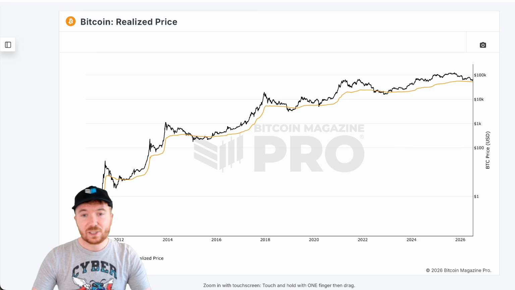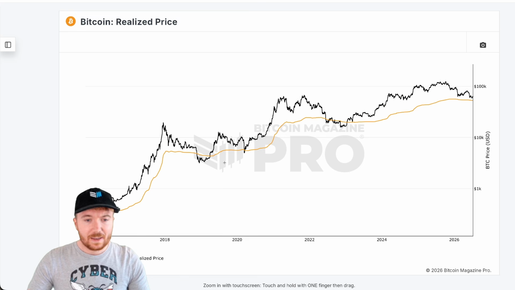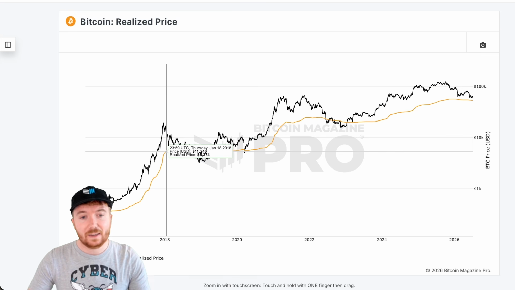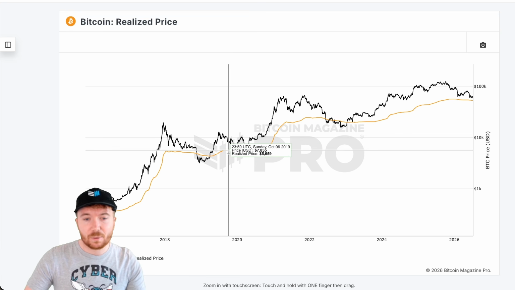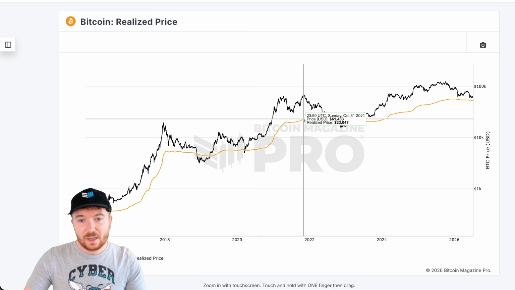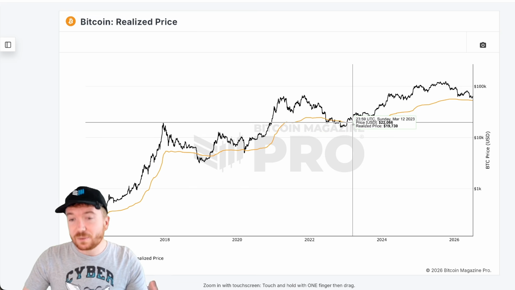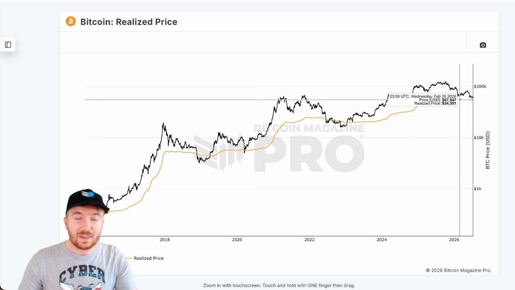But then again, if we look to an upside target, looking at the realized price, in the previous few cycles, we can see that this has gone from, say, $300 as Bitcoin started the bull market to over $5,000. In the previous market, from around $5,500 to when we peaked at $23,000. If we look to the realized price in the most recent cycle, started at $20,000 and now up to about $55,000.